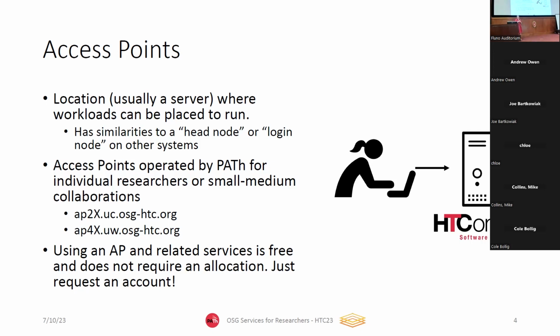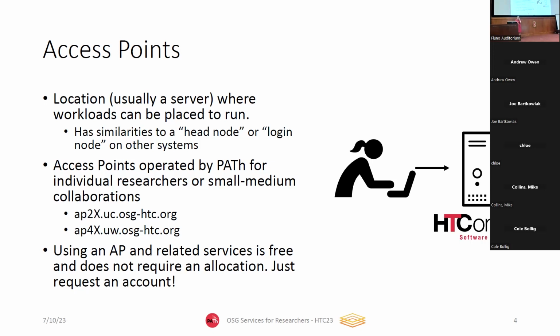You can think of it similar to the head node or login node of a compute cluster, but really as I think Brian Bockelman said, as a standalone service for accessing the other services that are coming up in a minute. The PATH product operates access points that researchers can use for their work. It's free. You don't need an allocation. There's an account request form you fill in, and you can get access.